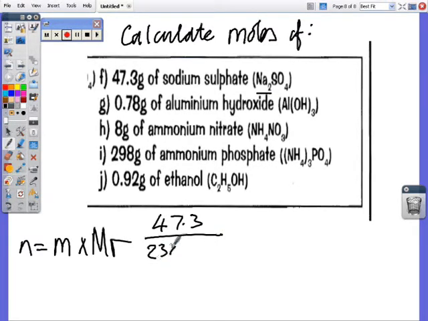Okay, so the answer to F is as follows. So that's your calculation. It's 47.3 grams of F divided by the RFM. 2 sodiums, 1 sulfur at 32 and 16 times 4 for your oxygens.